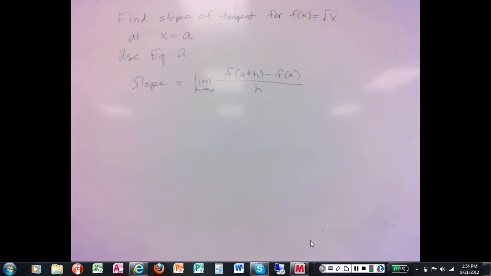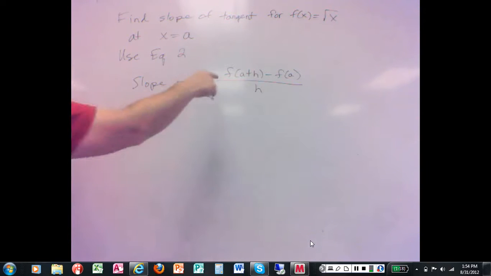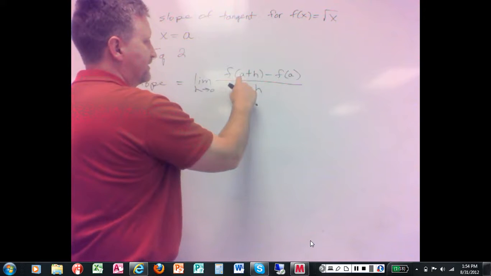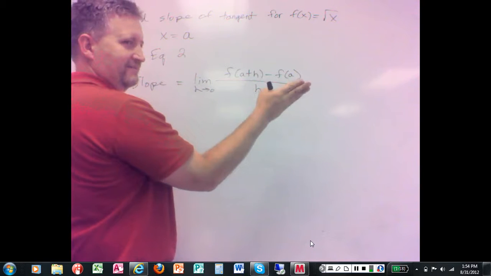Okay? Well, in this case, I don't have an a value number to plug in. I just have to leave it as a. So I don't have a as 4 or 10 or whatever. A is just a in general.